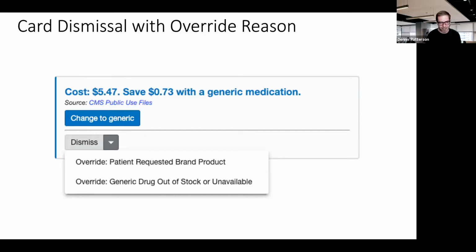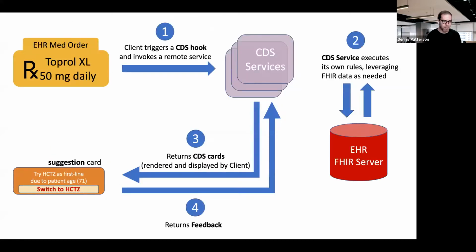But it also pairs nicely with the next piece, which you'll notice from the earlier slide, an additional arrow that's very helpful, which is arrow number 4: once the user has interacted with the card, providing a feedback loop back to the CDS service.